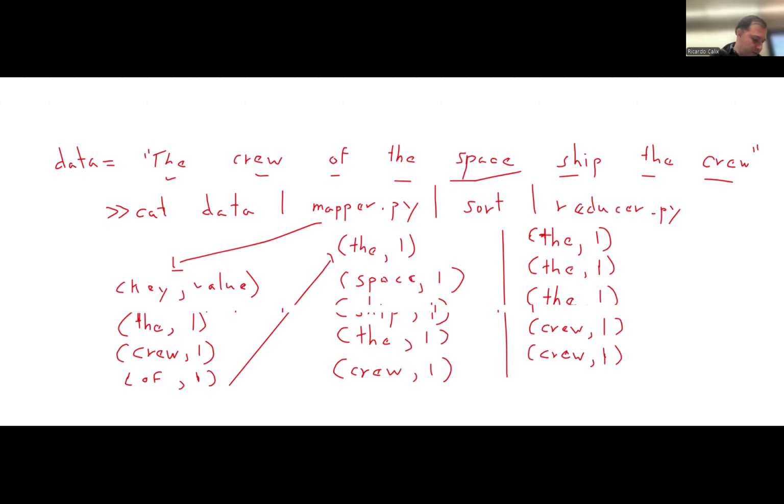Then you have two of one, and finally there's space and ship. There's space, one, and then there's ship.